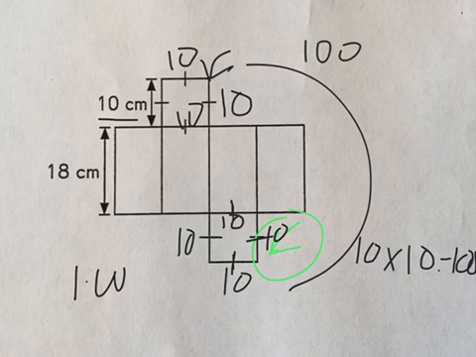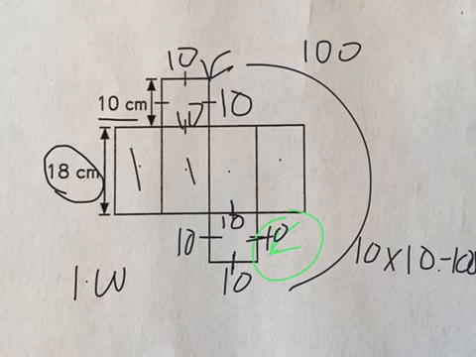So I think that this 18 right here is equal to all of these right here too. So I am going to do 18 because I see that right there, and there are 4 of them. And I know that this is 10 right there because I see the 10 right there.